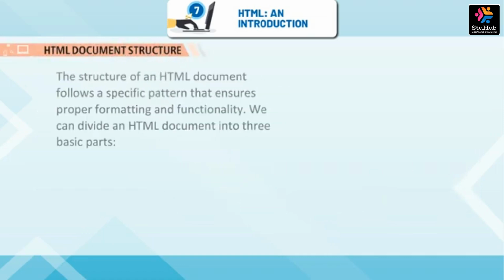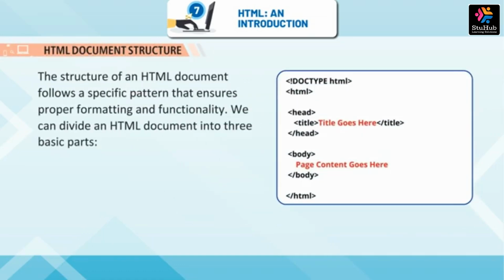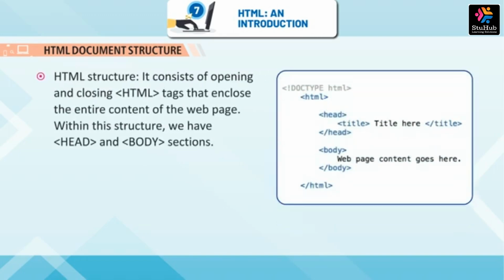HTML document structure. The structure of an HTML document follows a specific pattern that ensures proper formatting and functionality. We can divide an HTML document into three basic parts. HTML structure. It consists of opening and closing HTML tags that enclose the entire content of the web page.